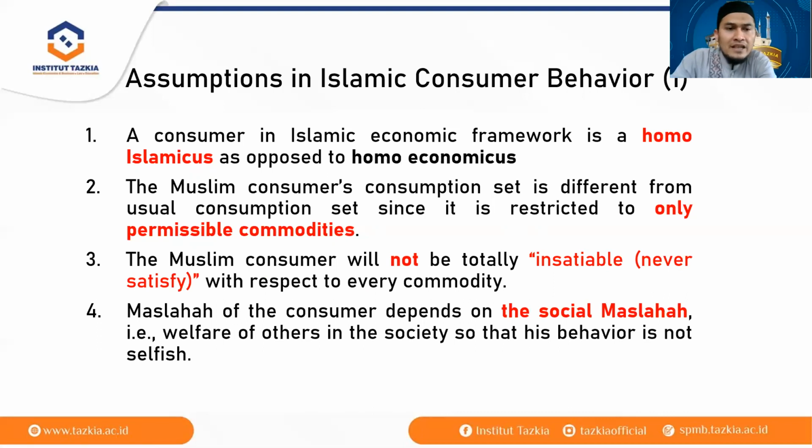It comes under Sharia. So the Muslim customer will not be totally insatiable or never satisfied with respect to every commodity. Maslahah of the customer depends on the social maslahah, for example the welfare of others in society, so this behavior is not selfish.